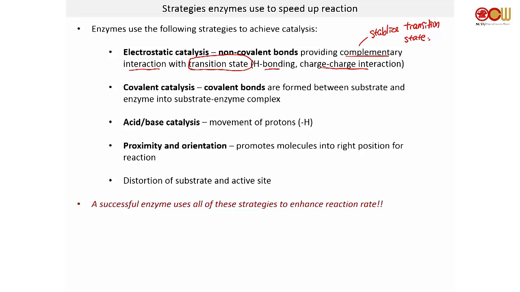And then you actually have this thing called covalent catalysis. What these are is covalent bonds formed between the substrate and the enzyme into a substrate-enzyme complex. Because as you will see later, a lot of reactions are pretty complicated in the chemistries that they do.